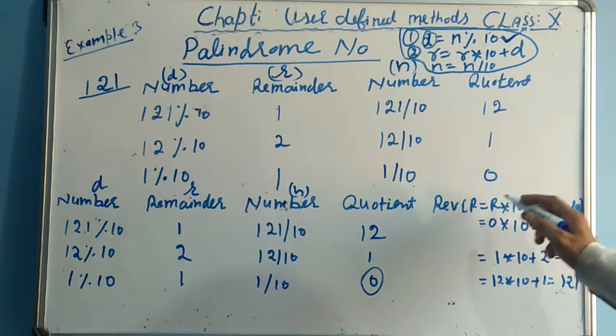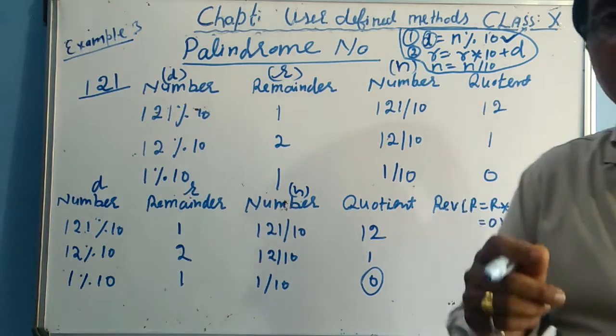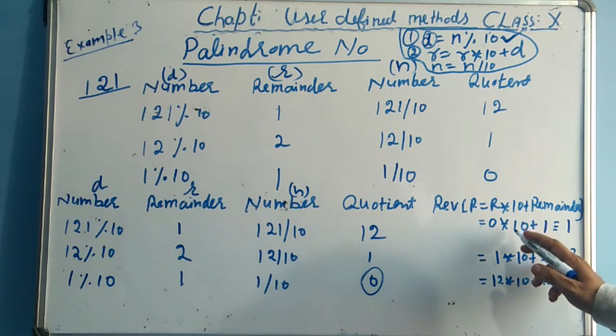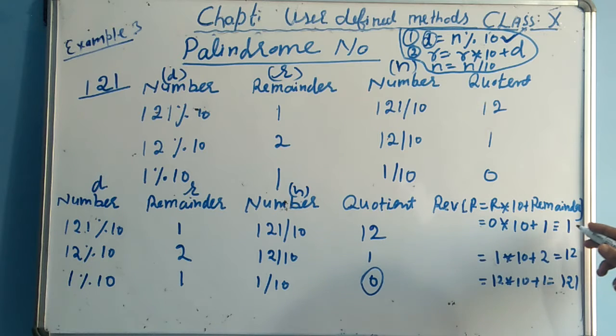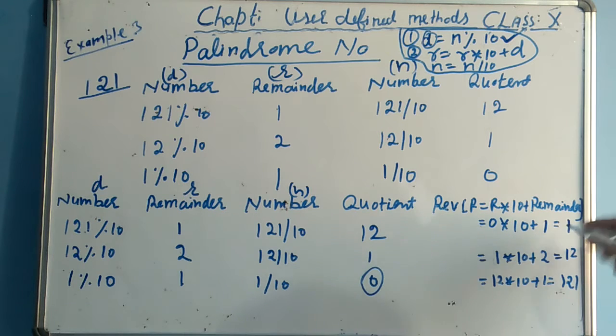The initial value of the reverse will be 0. So 0 multiplied by 10 plus 1 is equal to 1.